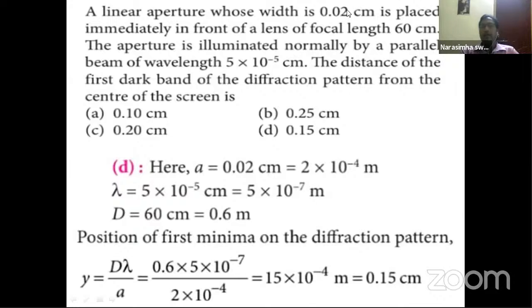There are two types of diffraction, Fraunhofer diffraction and Fresnel diffraction. Here we are using a lens to get a clear pattern, as the distance between the screen and the slit is very far.